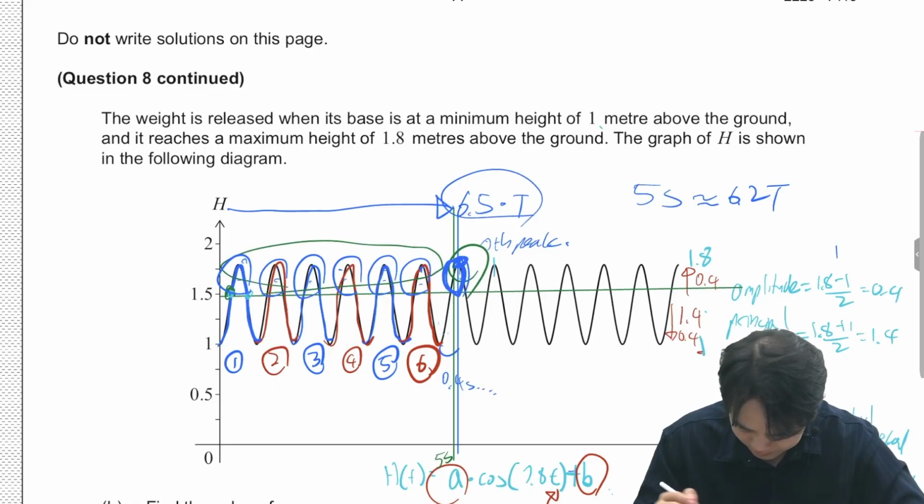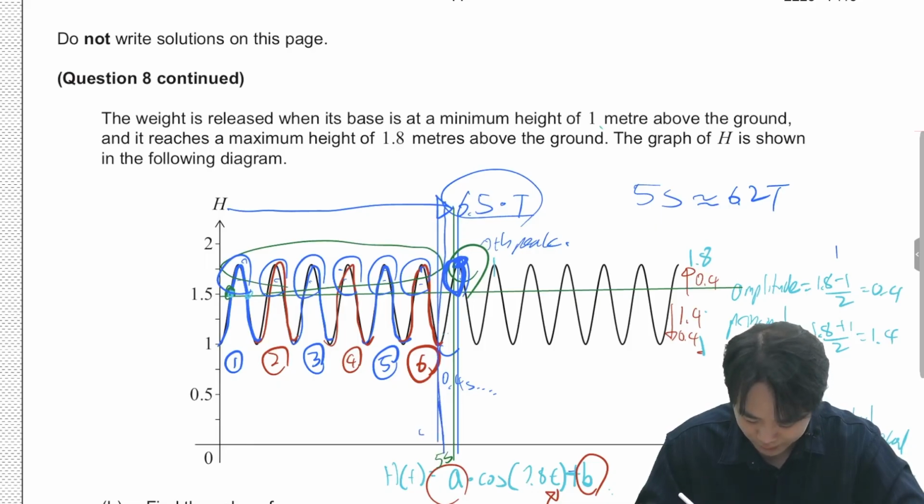But the thing is, the 5-second mark prematurely ends with the 6th peak. So we just need to multiply this for 6 more times.